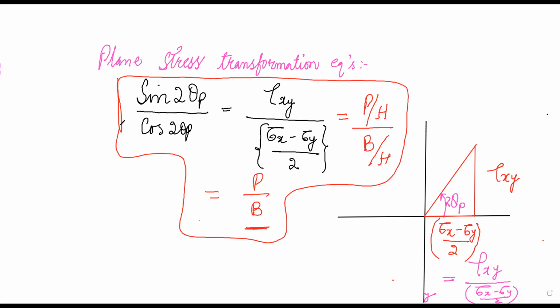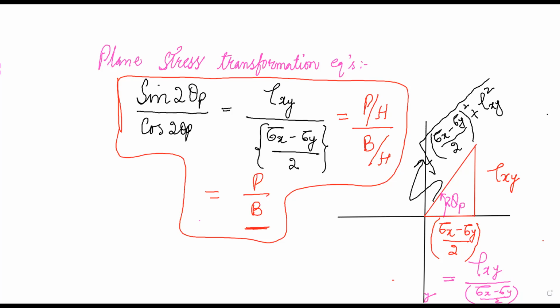Then what will be the hypotenuse? Therefore, the hypotenuse of the right angle triangle will be the square root of (sigma x minus sigma y divided by 2) square plus tau xy square.